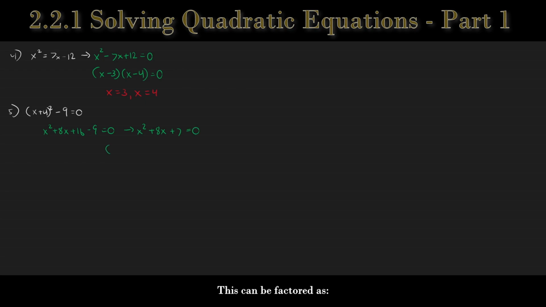This can be factored as x plus 1 times x plus 7 equals 0, which gives us the solutions x equals negative 1 and x equals negative 7.